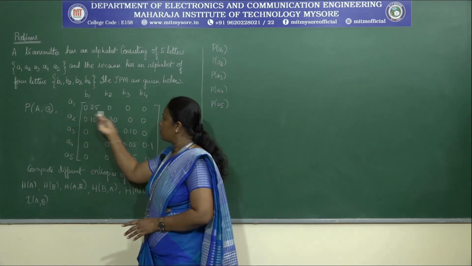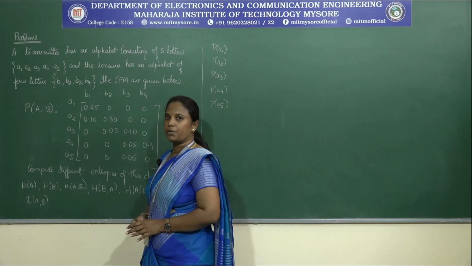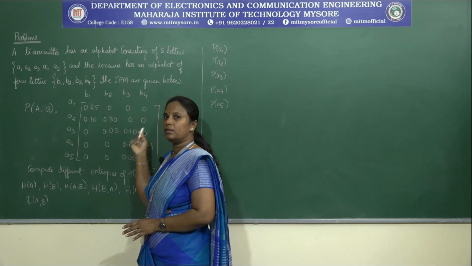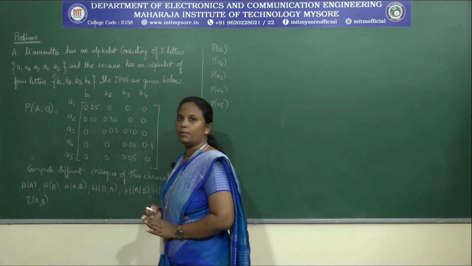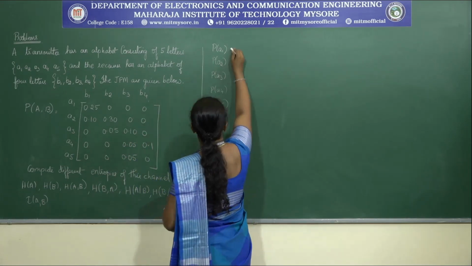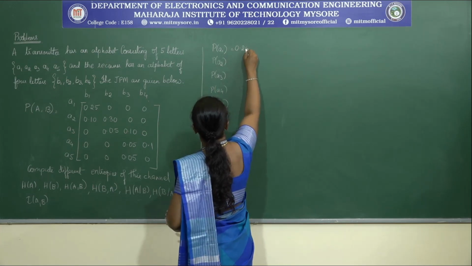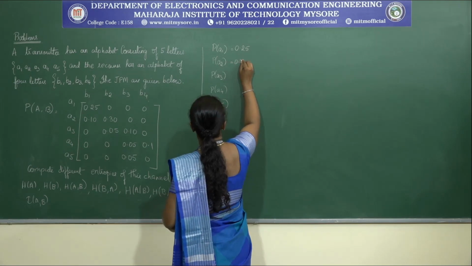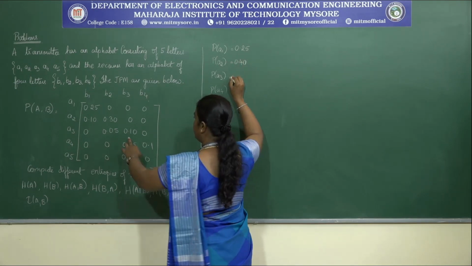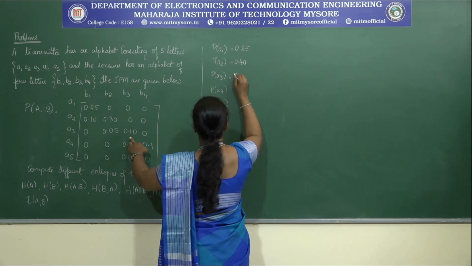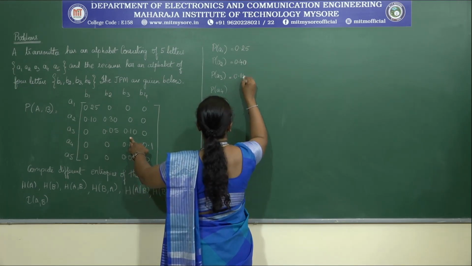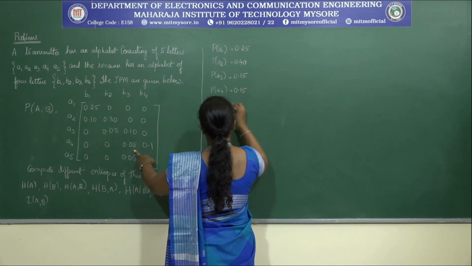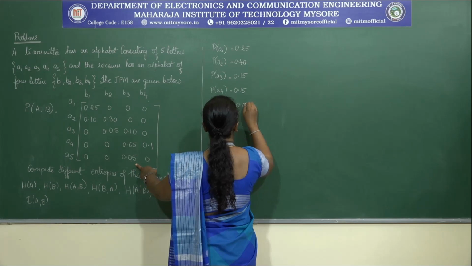So we need to sum all the elements with respect to your input side, that is, in the case of input we need to consider the row wise sum of the elements. So P of A1 is 0.25, P of A2 is 0.40, P of A3 is 0.05, P of A4 is 0.15, and P of A5 is 0.05.